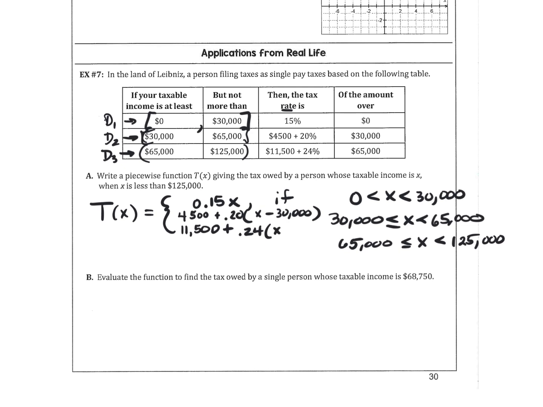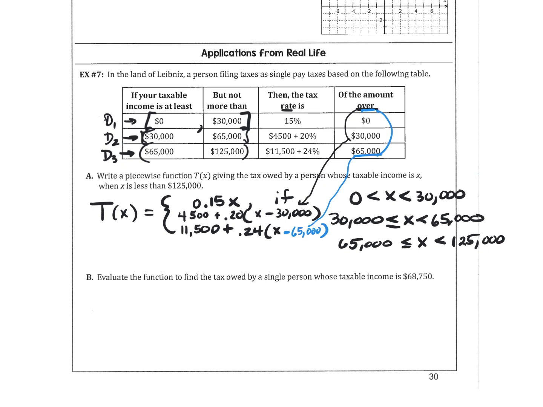It has to be over what? The over 30,000 led us to do minus 30,000. So over 65 means we have to do what? Yeah. And that's our function.